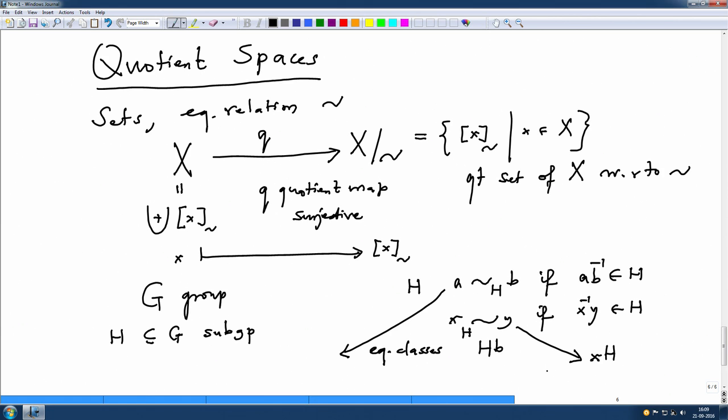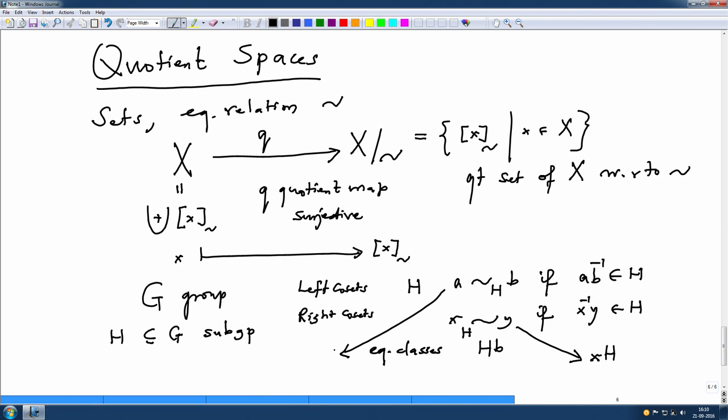Now, the problem is when I take the quotient set with respect to this one, I get left cosets, and with respect to this one I get right cosets.